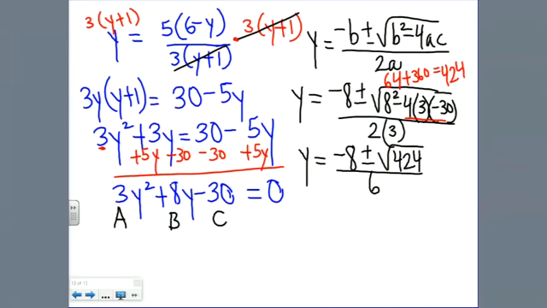Now, before we figure out how to break down 424, I'm pausing because I'm doing that on my calculator as I speak. Did y'all have any questions so far? On my calculator, I can break down 424 as 4 times 106.